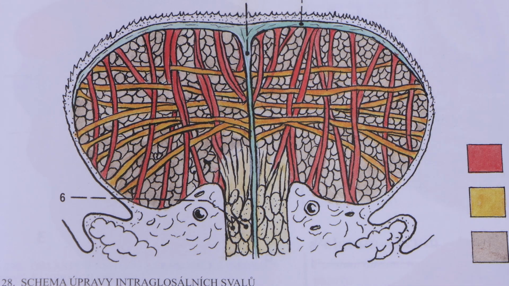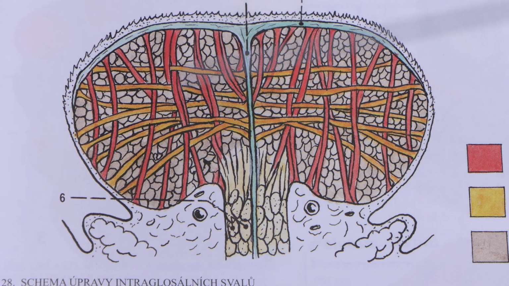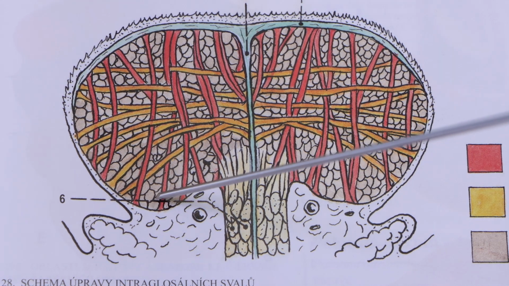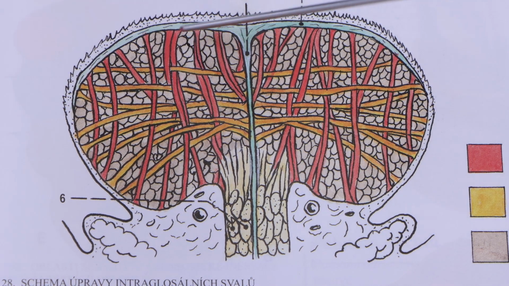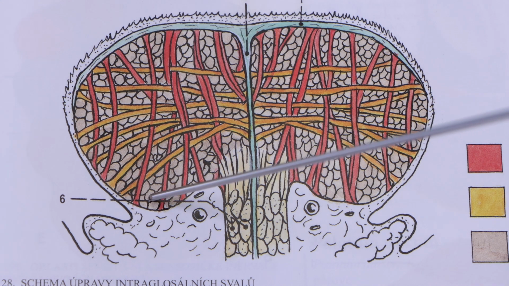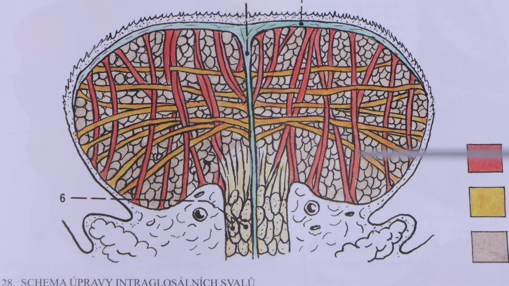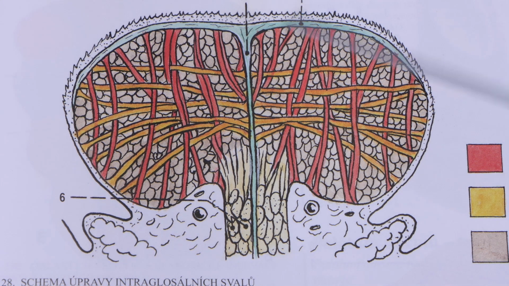They are cut in this frontal section. We usually divide the longitudinal muscle into the superior and inferior longitudinal muscle, or sometimes superficial and deep longitudinal muscle. These longitudinal muscles shorten the length of the tongue.